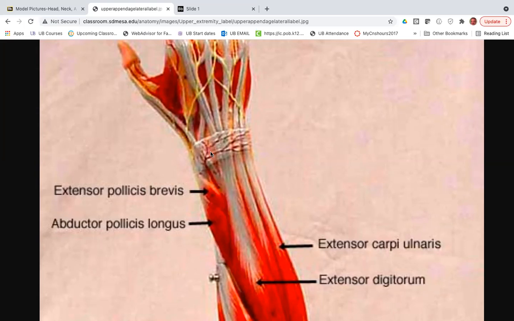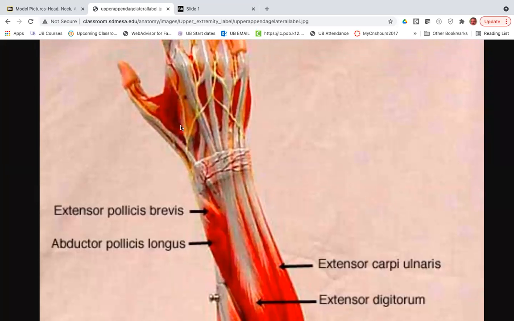It was the transverse carpal ligament, volar ligament, or the flexor retinaculum. And its primary function was to hold down all of the flexor tendons. Well, on the posterior side, we have the extensor retinaculum. And the extensor retinaculum, its job is to hold down all of these extensor tendons that we see here.